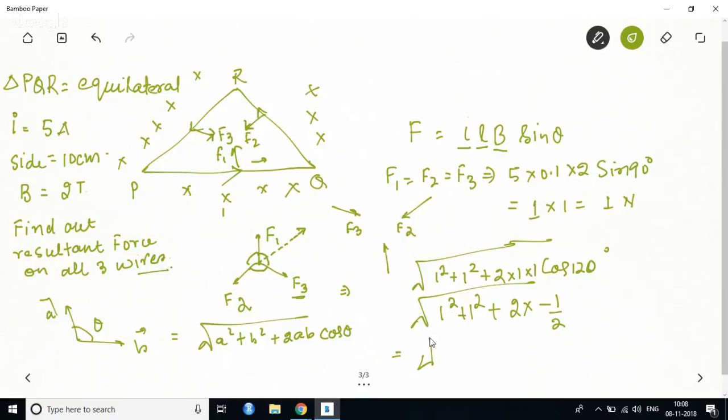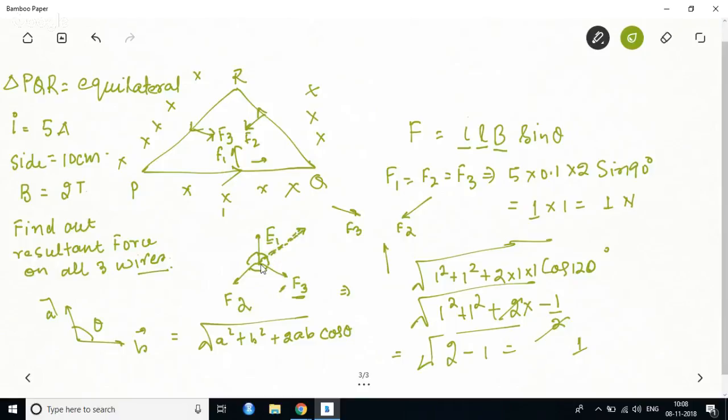So this comes out to be 1 square plus 1 square, which is 2. So I'm writing it over here, which is 2. So 2 minus this is how much? 1. So it comes out to be 1. So this will be 1, as the magnitudes are equal.